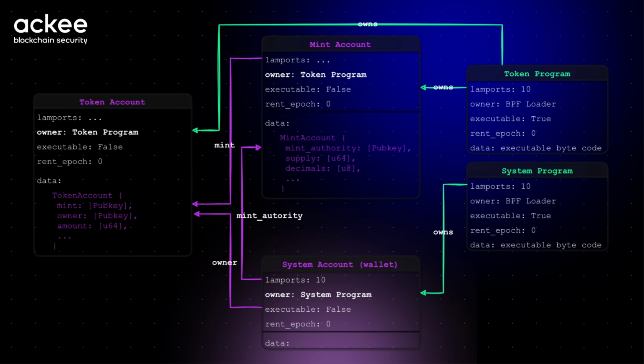So that's the difference. All right, the associated token account has its address derived as a PDA from the corresponding mint and the owner of the token account. What might be confusing here is that you have two owner fields in the token account.